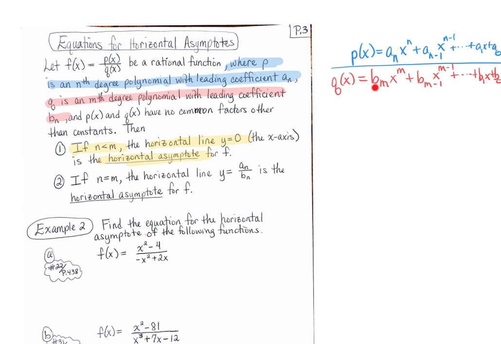Y equals that will be your horizontal asymptote. Okay? Then the horizontal line y equals a sub n over b sub n is the horizontal asymptote for your function. Okay? So, let's look at some examples.